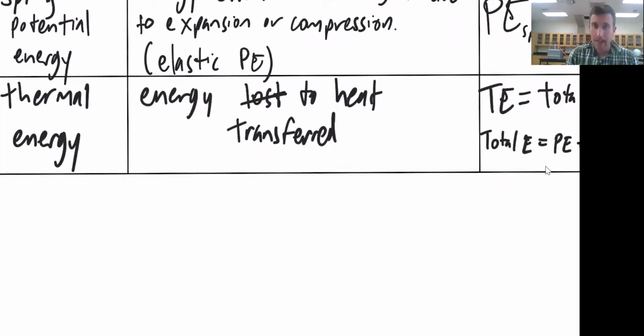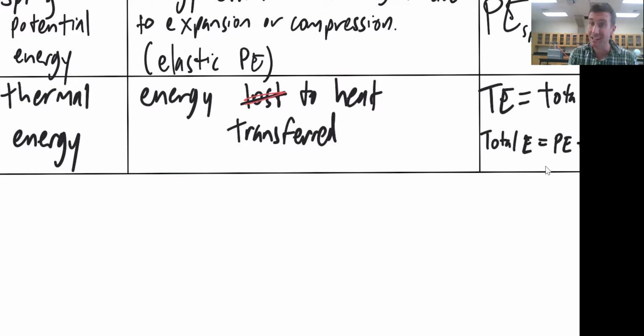Thermal energy is energy that is lost to heat. And actually, I'm going to stop and correct myself. It's not really lost, it's transferred, because remember, energy is neither created nor destroyed. So I'm not losing the energy, I'm just transferring the energy from another form into the heat form.